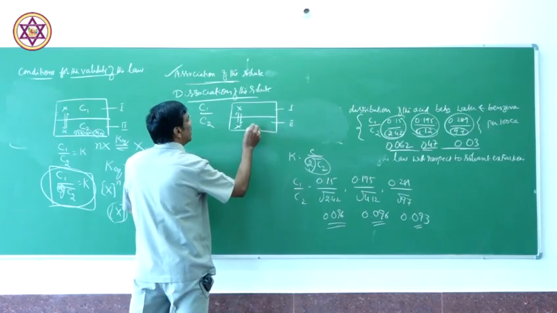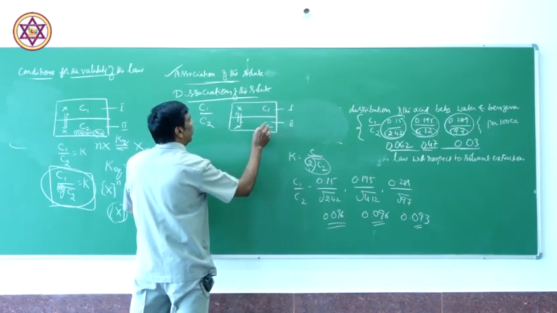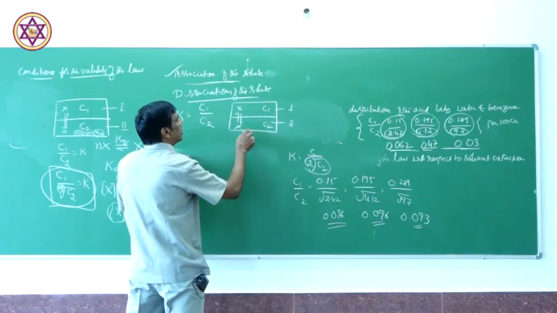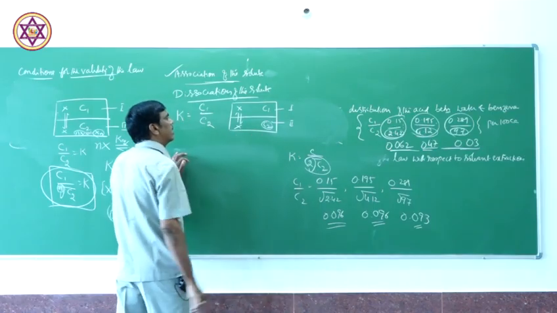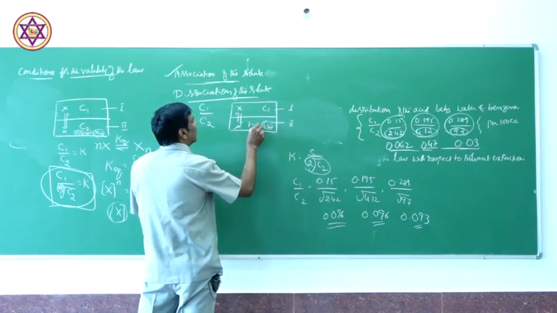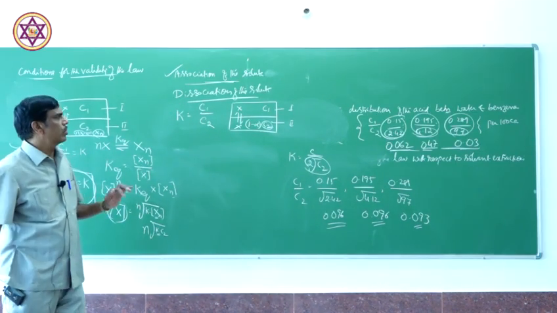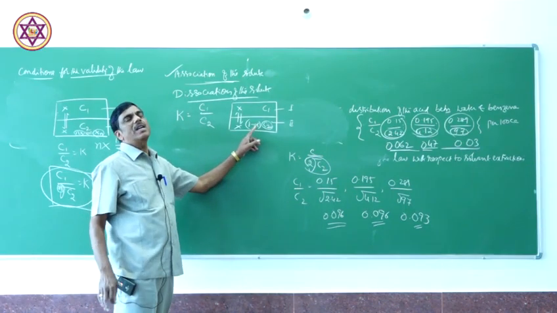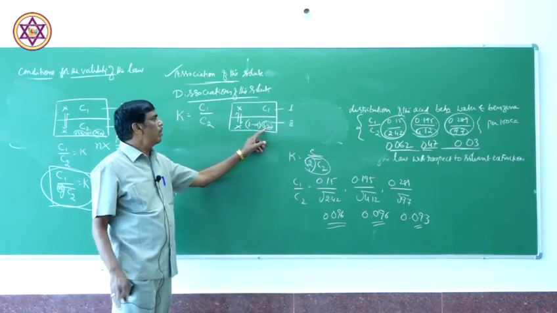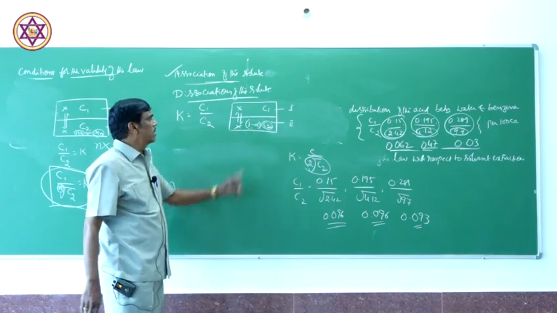This is C1 and this is C2. This undergoes dissociation. So C2 is not the exact concentration of the solute, because some amount of the solute undergoes dissociation. If alpha is the degree of dissociation, 1 minus alpha into C2 is the concentration, because a small amount of C2 undergoes dissociation, therefore the remaining concentration is 1 minus alpha into C2.